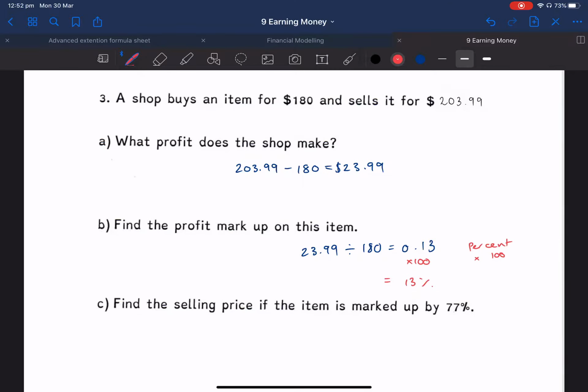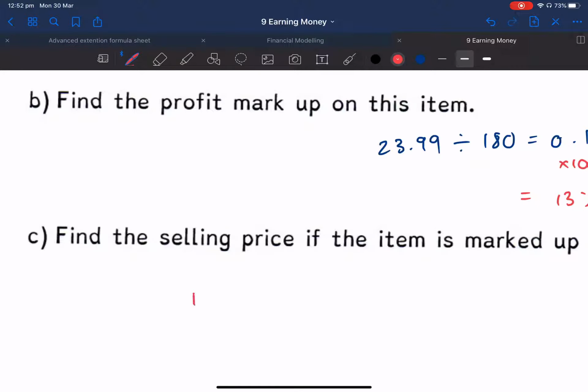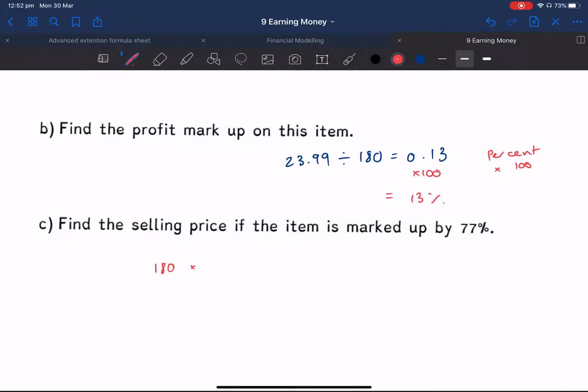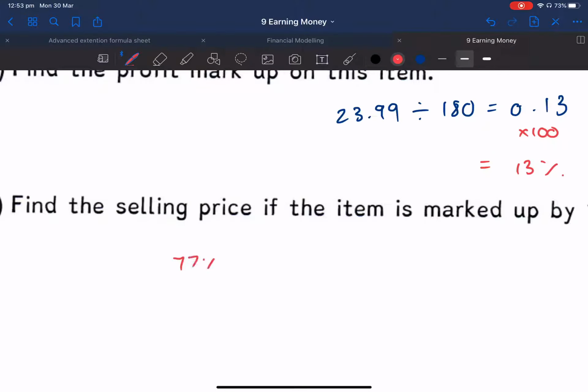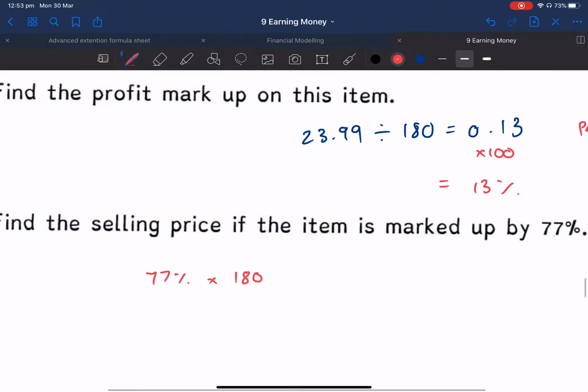So what we're going to do is we're going to grab our $180, okay, and we need to figure out, well, what is 77% of 180? Whenever we figure out a percentage of, I could write this the other way, it might make a little more sense. We're doing 77% of, is always going to be a times, our cost, or our price, which was 180 bucks.